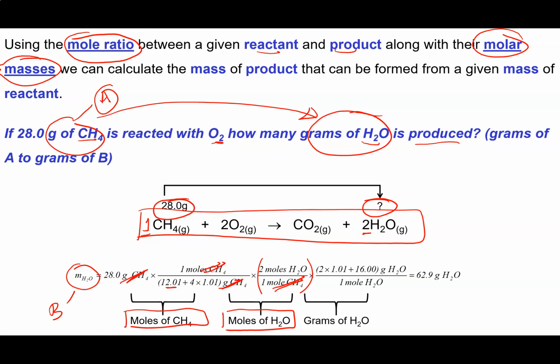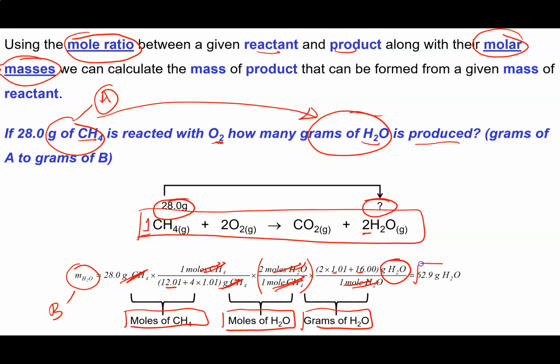Now finally what I need to do is multiply by the molar mass of water to turn my moles of water into the grams of water as required. The molar mass is 18.02 because I've got 2 hydrogen atoms and 1 oxygen atom. And what that leaves me with is grams of water.